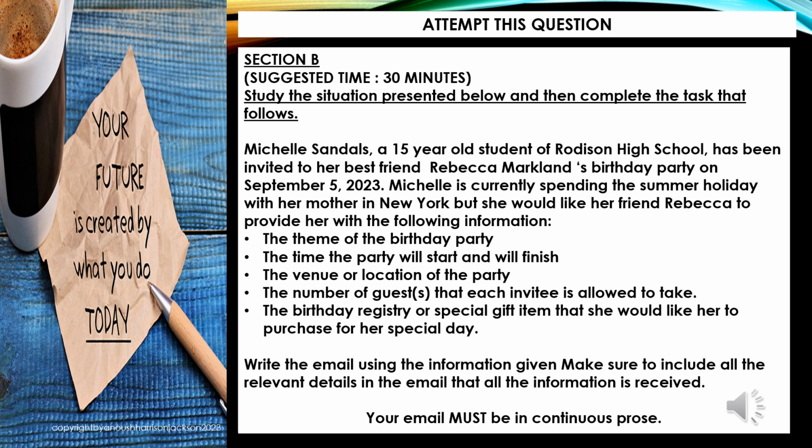And of course, you're told to write the email using the information given. Make sure to include all the relevant details in the email, so that all the information is received. Your email must be in continuous prose. Now, based on all that we have discussed, I know that you're able to complete this activity.